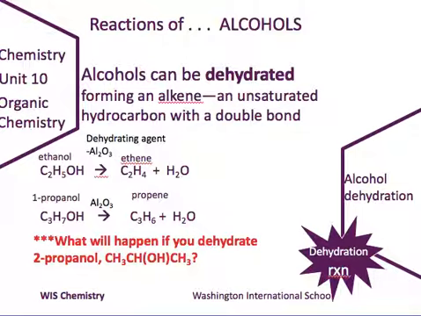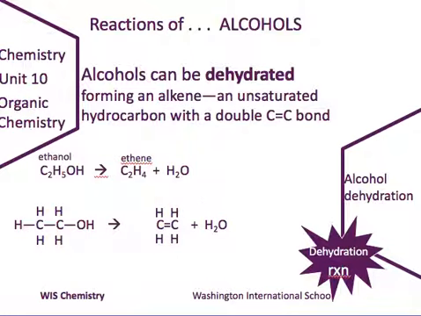And 1-propanol will produce propene. So what will happen if you dehydrate 2-propanol? Where would the double bond go? Drawing the structural formula will help. So here's one for the ethanol dehydration.